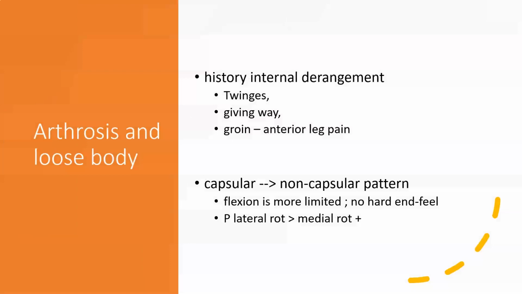Clinically, if a patient has arthrosis, we expect a capsular pattern. But if a loose body is, let's say, playing a big role, then the capsular pattern automatically changes into a non-capsular pattern. We're going to notice that now flexion is more limited than normal, and we don't reach this harder end feel anymore.